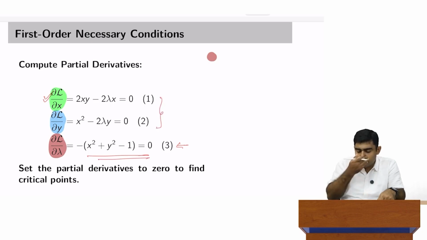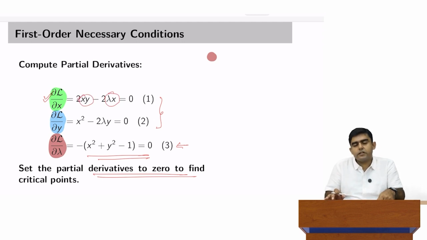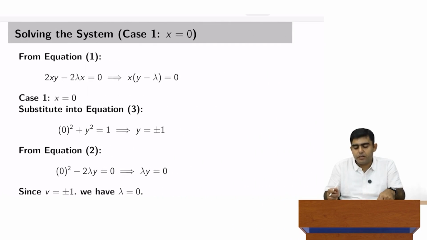Here we get functions of x, y and lambda for both equations 1 and 2, but our math remains simple: we set these derivatives to 0 and find the critical points. What may happen in this case is that lambda and x come in multiplied forms, so achieving a clear variable separation may not be possible. But the good thing is that we have as many variables as equations, so this system can definitely be solved even if we are unable to separate the variables from each other. So, what we do is make various cases.